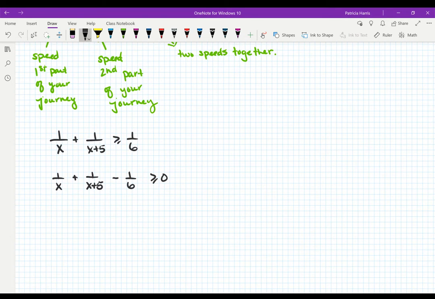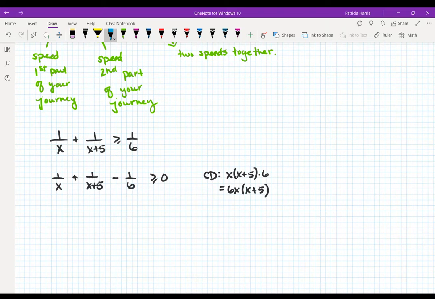My common denominator for this one would be x times x plus 5 times 6. Notice how I'm just multiplying the denominators together. Let's write that a little bit neater. Like that. Okay. So we need to multiply just by what things need.